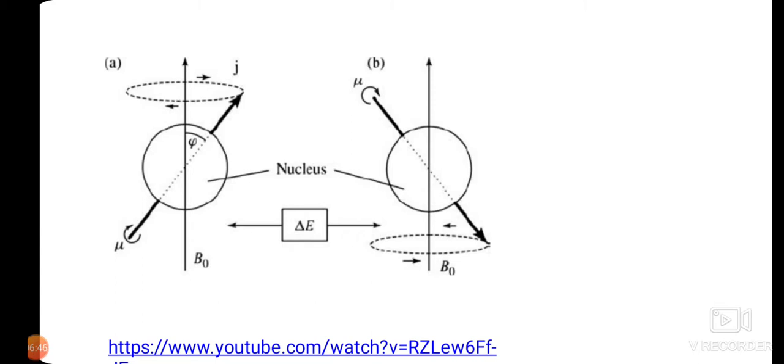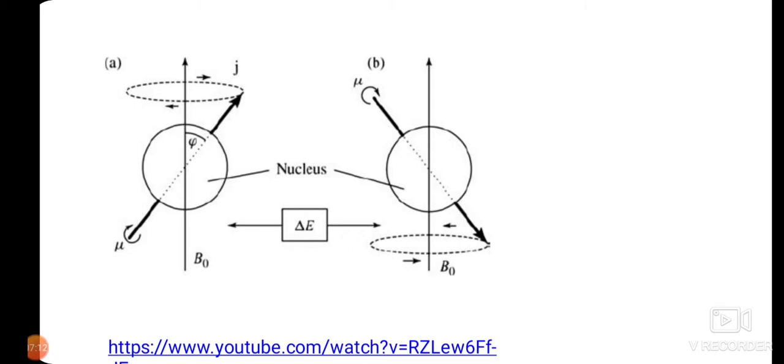Now, let us take an example wherein we provide a little amount of energy to this spinning nucleus. When it absorbs some energy, its spin, the rotation, will get altered, and the magnetic moment will also get increased.